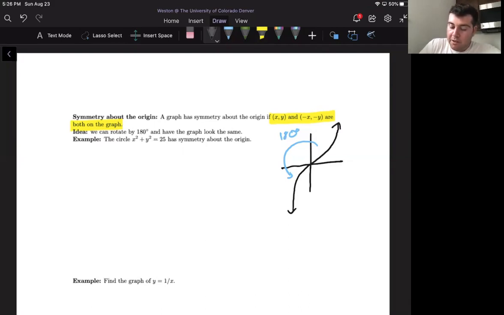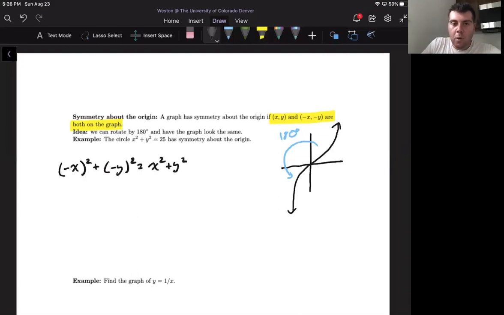So we want to show that the circle x squared plus y squared equals 25 has symmetry about the origin. And that's just as simple as checking that negative x squared plus negative y squared equals x squared plus y squared.